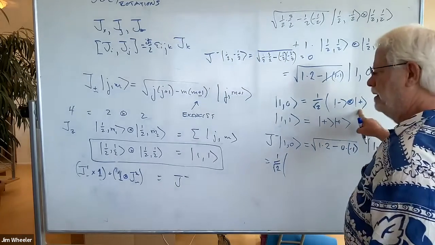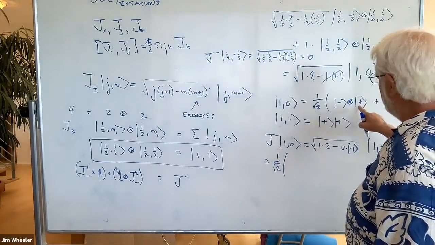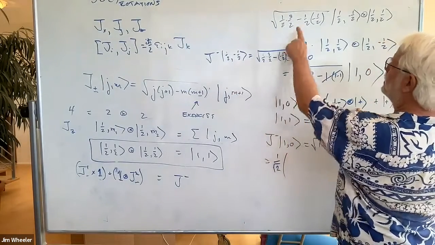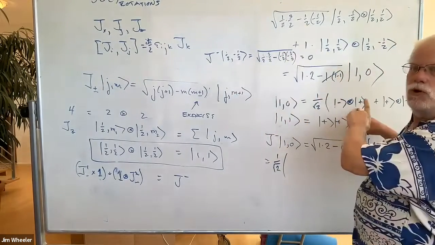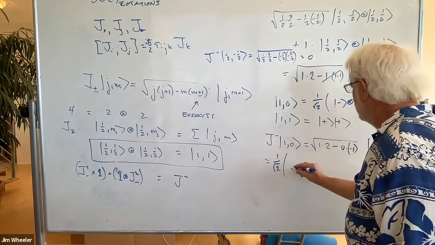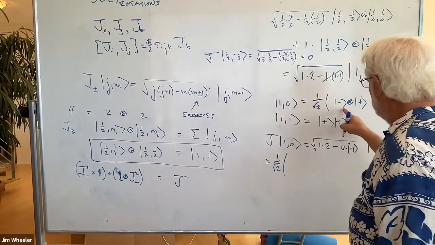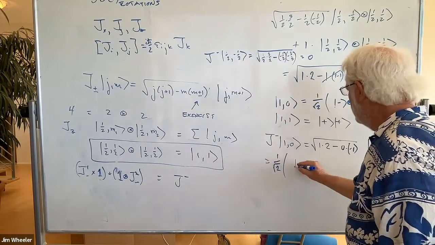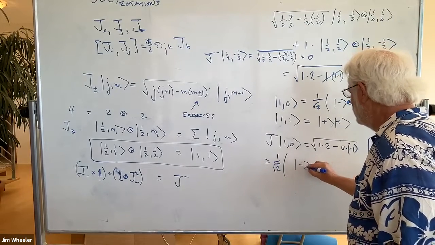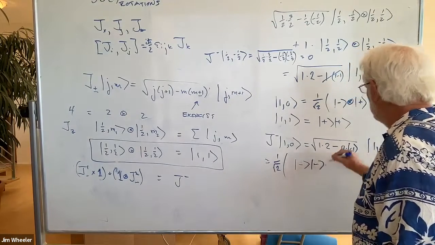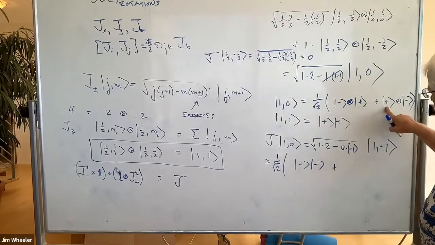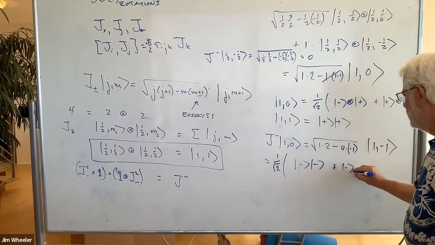Now, when J minus acts on J plus, it's the other coefficient, it's this one, which we found to be 1. So J minus acting on this combination, we have the 1 over root 2, and then we're going to get, here we're going to get minus minus when we lower this one. And then here, when we lower the first one, we're going to get another minus minus.